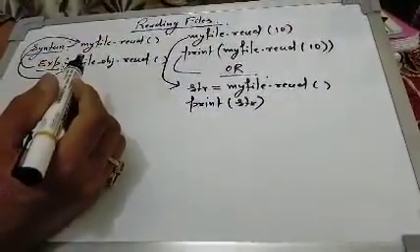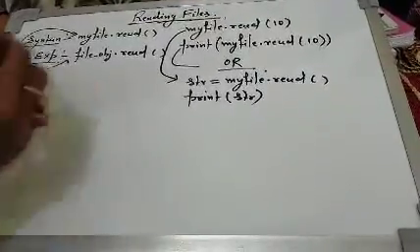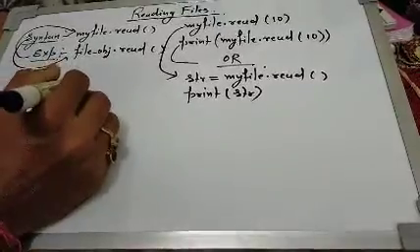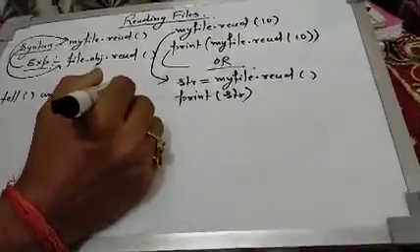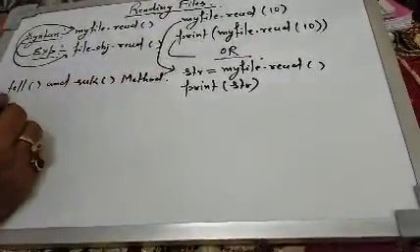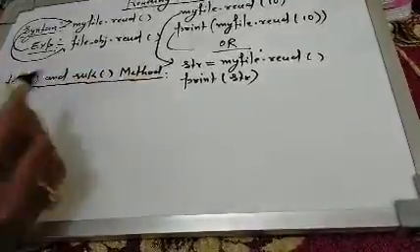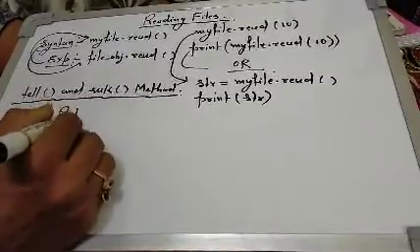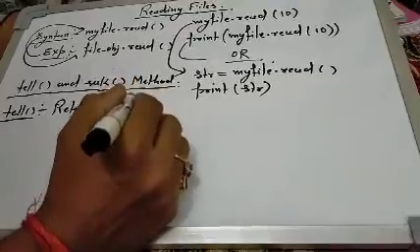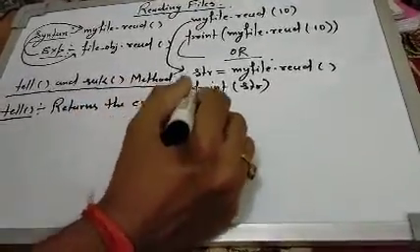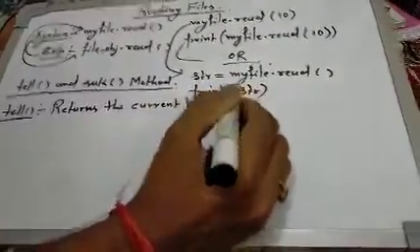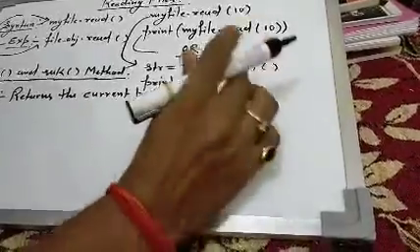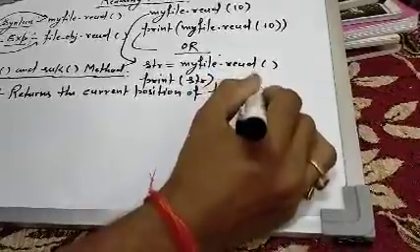Now again two important functions are used in the context of files, which are the tell and seek methods. The tell method returns the current position of the file pointer or cursor.